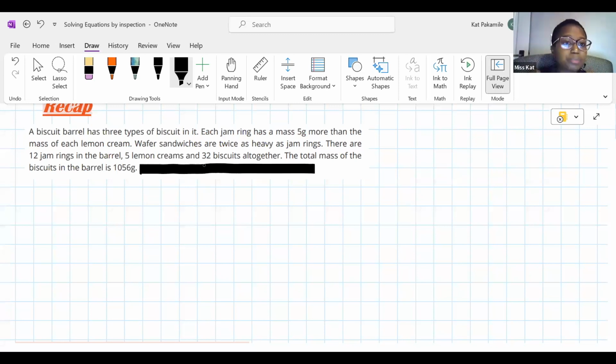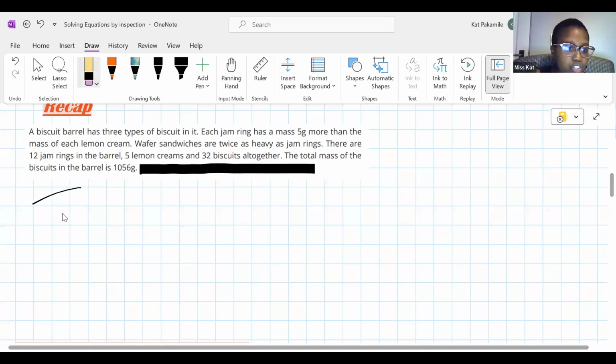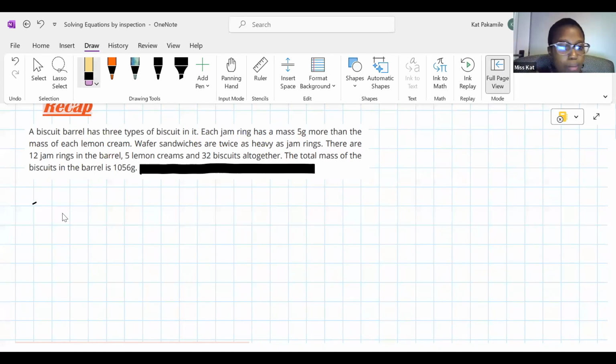Okay, so a biscuit barrel has 3 types of biscuits in it. Each jam ring has a mass of 5 grams more than the mass of lemon cream. Wafer sandwiches are twice as heavy as jam rings. So what we did, remember guys, was that we have lemon creams.